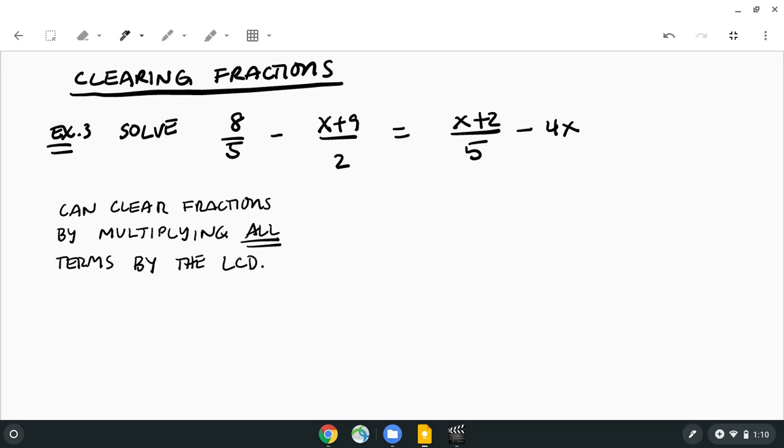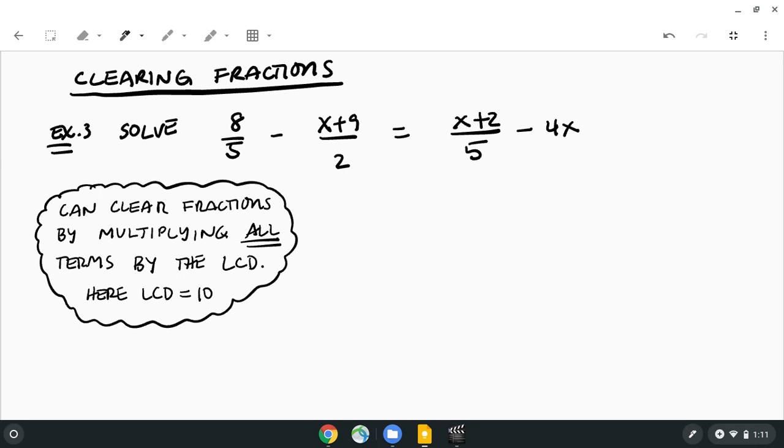Here, if our denominators are 5, 2, and 5, then our LCD is going to be 10. It has to be a multiple of 5 and 2. So 10 would work, 20 would work, 40 would work, but we want the smallest because who wants to work with big numbers, right?